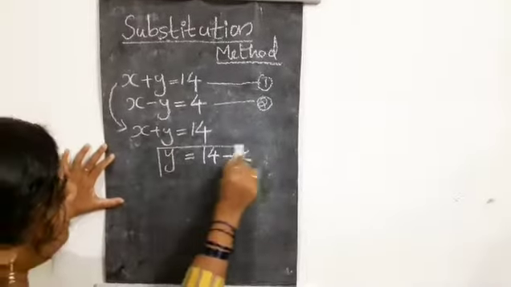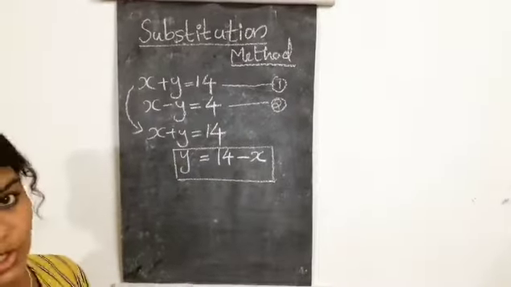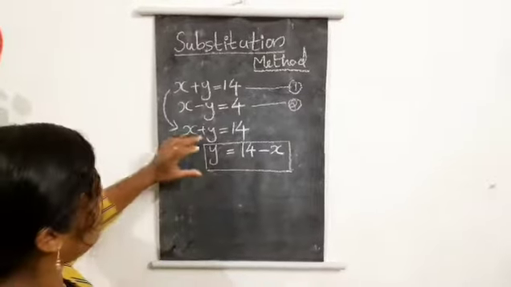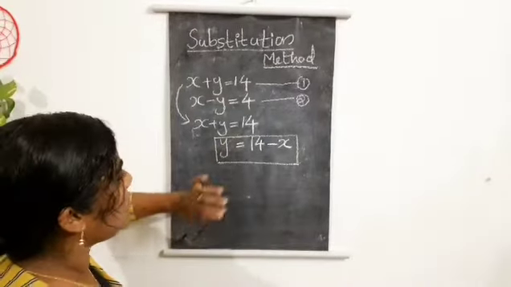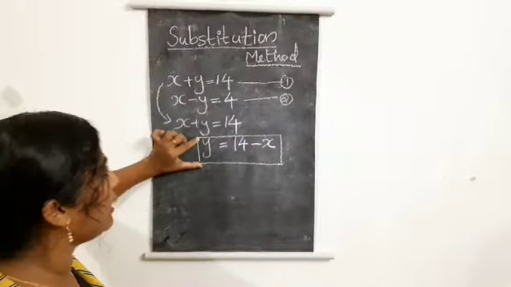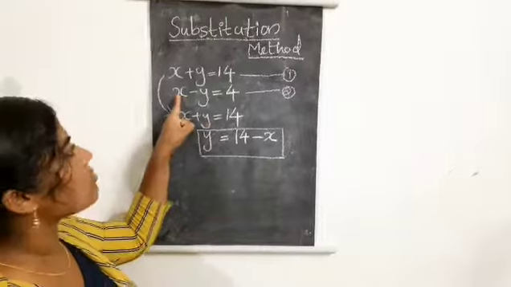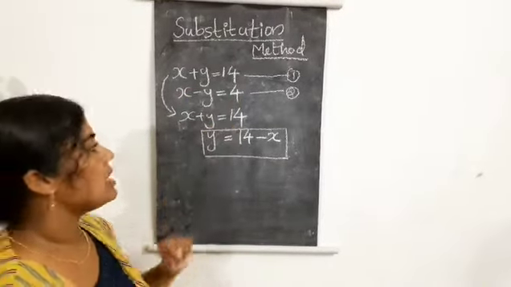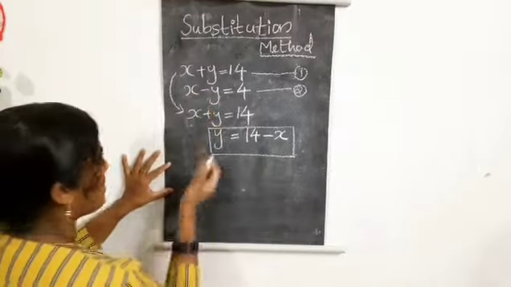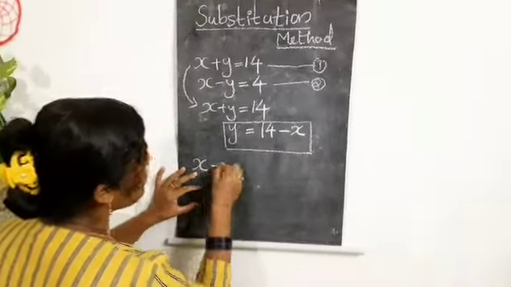This is the main point that we have to do in our substitution method. Once this step is completed, we substitute this value of y in equation 2. What is equation 2? x minus y equal to 4. So substituting means first we write x itself, then minus y.